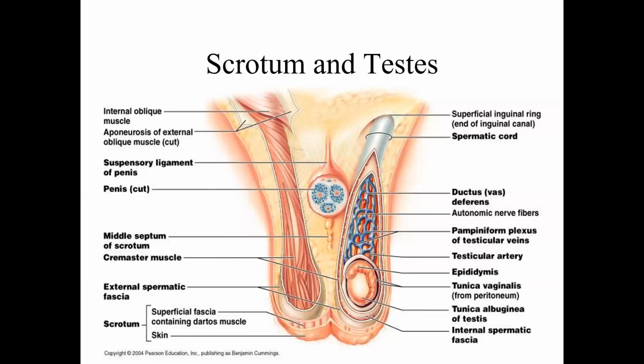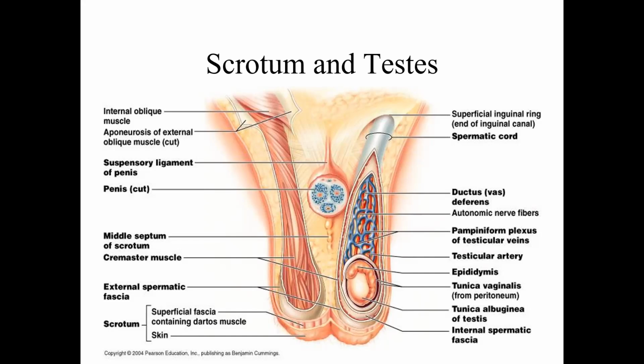The scrotum is designed as a temperature regulator. Sperm cells can't survive at 98.6, so sperm cell production has to take place outside the abdominal cavity, essentially outside the body. The scrotum provides that location. The temperature in the scrotum is about 3 or 4 degrees cooler than the rest of the body.